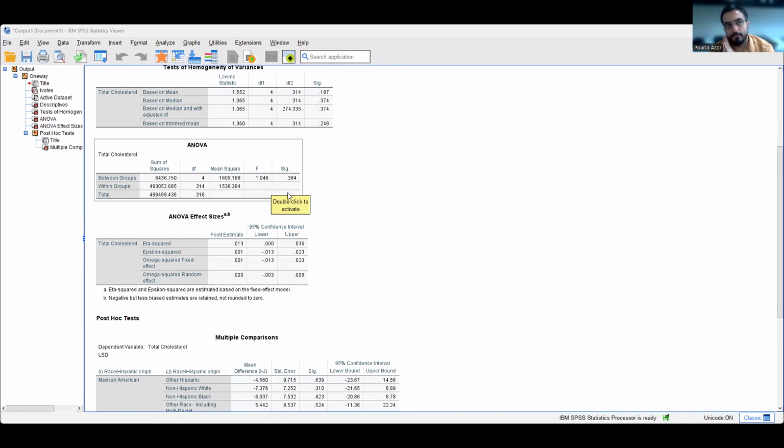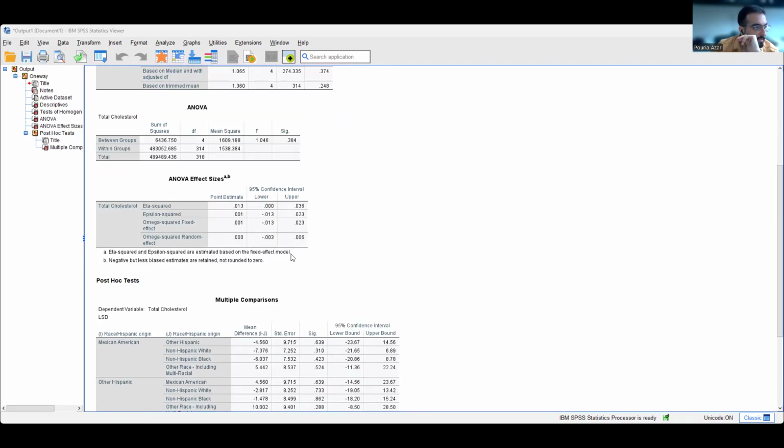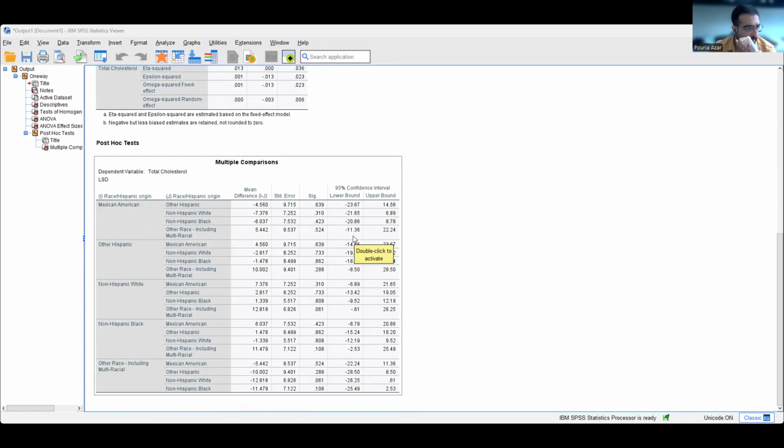Because the F-test statistic is not significant, I don't need to look at the post-hoc test. But if it was significant, I would look at the post-hoc test. But here I can report the F-test statistic by using the degrees of freedom, the F value, and then the p-value. This is the ANOVA effect sizes, so you can also report the effect sizes. But since it is not significant, there is no need to look at the effect sizes either.